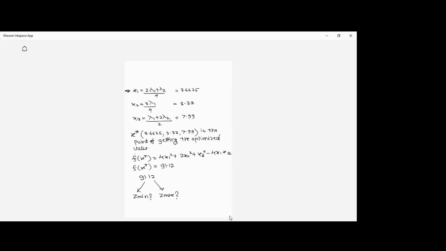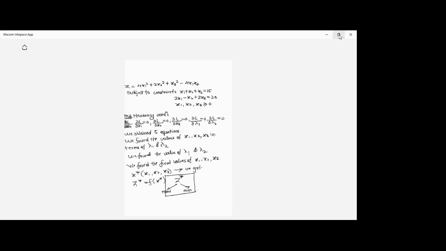But now, is this 91.12 z minimum or z max, that we are going to find out. We don't know what this 91.12 is, whether it is z minimum or z max. We don't know because we have been given to optimize that particular thing. What is the value of x star? Now we are going to start with the procedure in which we determine whether this particular value z is of a minimization type or a maximization type.